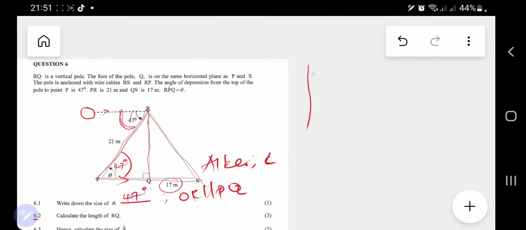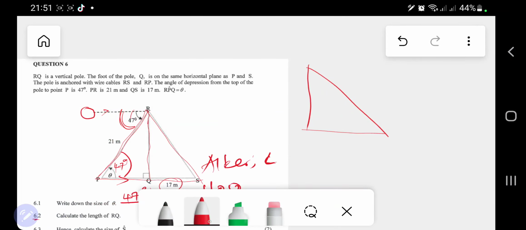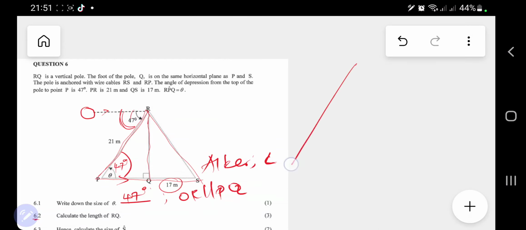If we consider that small triangle, we can have RQ, but to calculate RQ, we are going to consider the other triangle. Why? Because we've got an angle here, this side is 21, and this side is RQ.